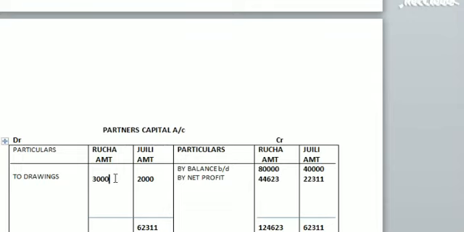Now the next is here, Rucha's total, 1,24,623. Now we will minus here first Julie's 2,000 rupees and we'll bring the difference amount.